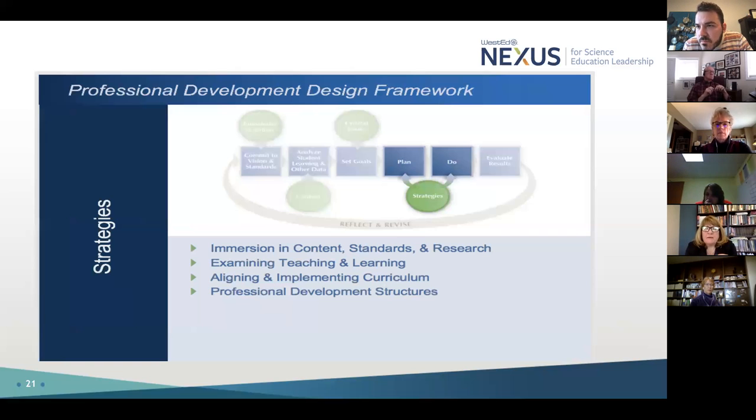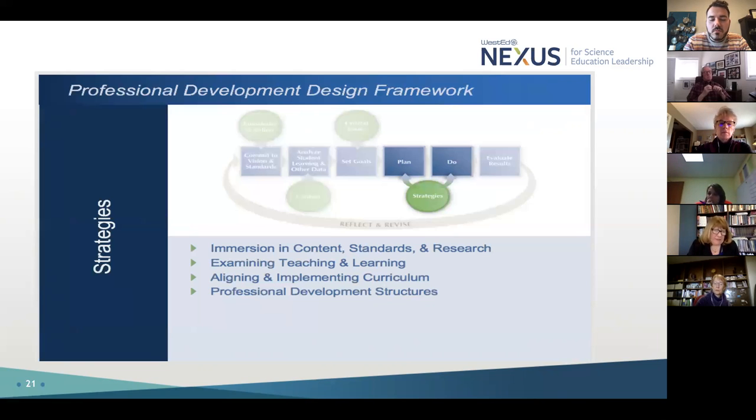And then moving down the list, there's a set of strategies around supporting the alignment and implementation of curriculum and engaging teachers, as we were talking earlier, in deeply understanding the standards, understanding why units and storylines have developed the way they are, and then working on implementing those together in a reflective way.